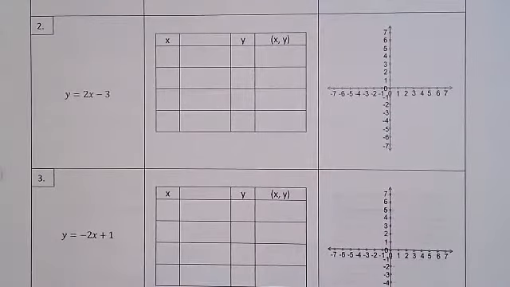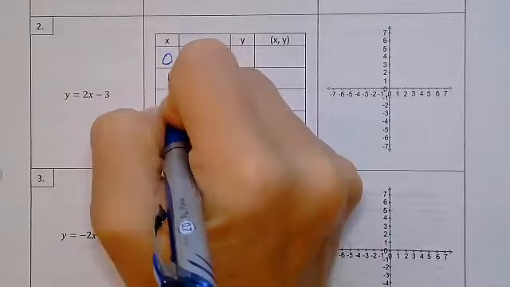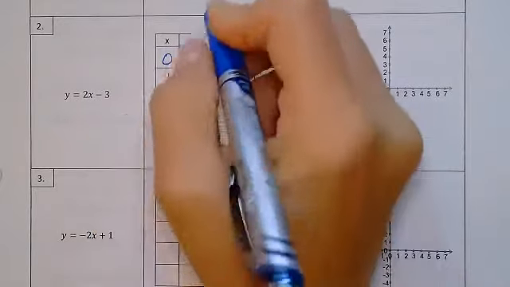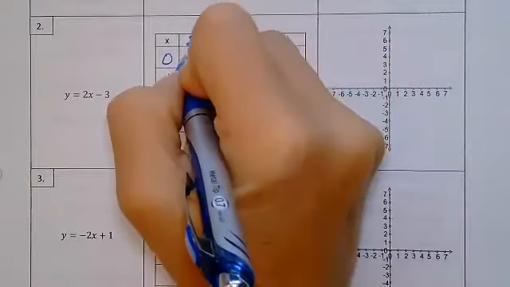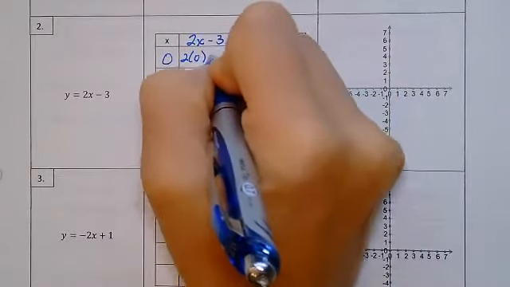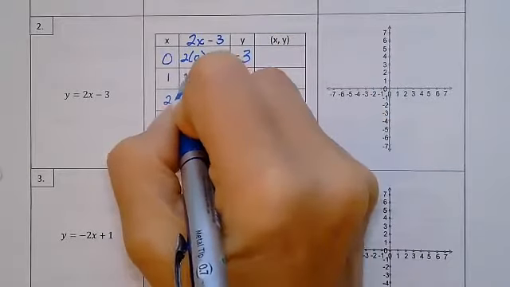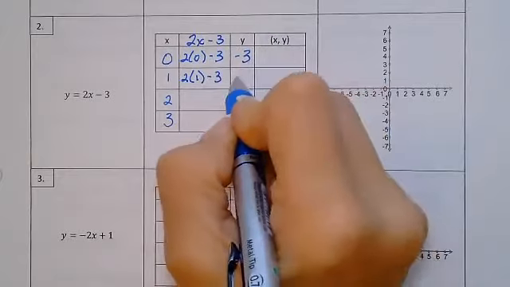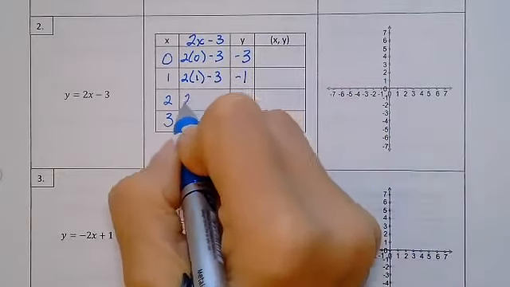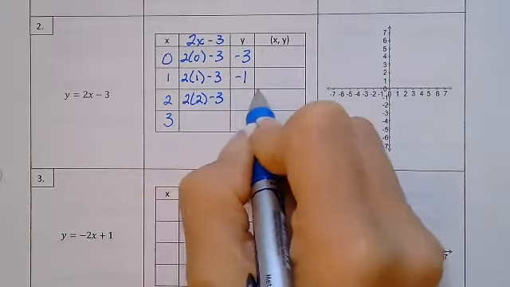Okay, number 2. I'm going to do, again, my 0, 1, 2, 3. My function is 2x minus 3. Substitute. 0 minus 3 is -3. 2 minus 3 is -1. 4 minus 3 is 1.